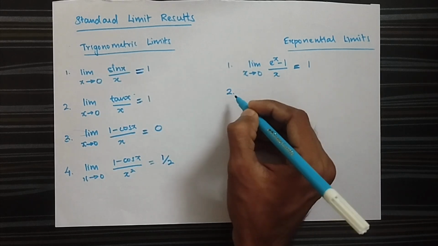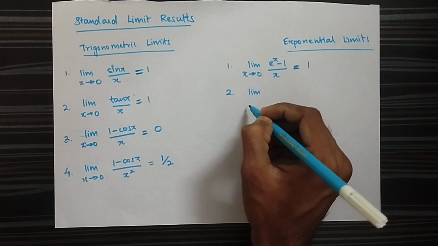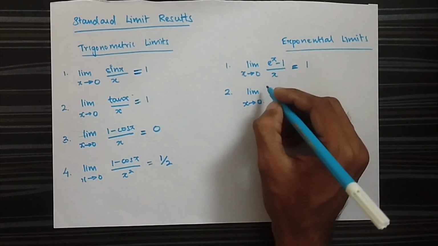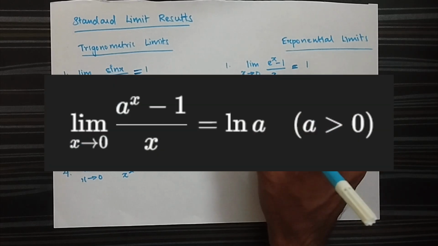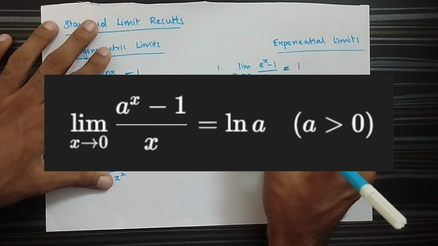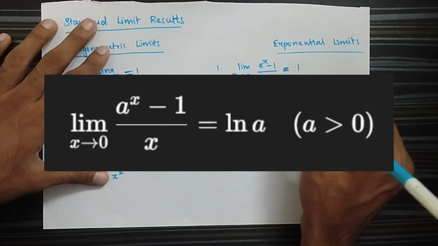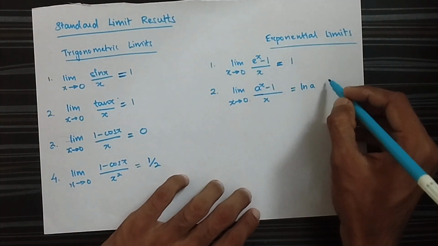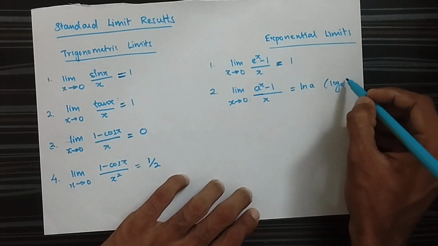For the second one, this is really similar, but instead of Euler's number we write a raised to x. Limit x tends to 0 of a raised to x minus 1 divided by x is equal to natural log of a, where a is any number and x is a variable. Natural log of a can also be written as log to the base e of a.